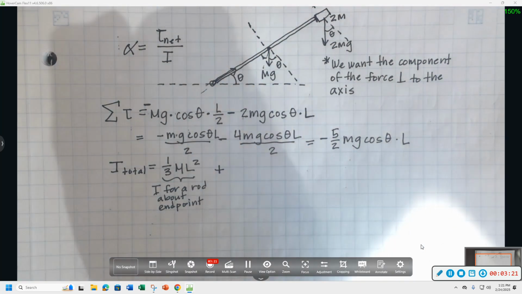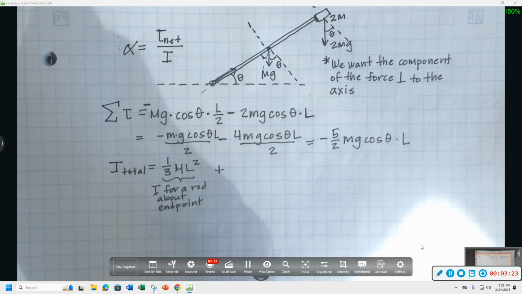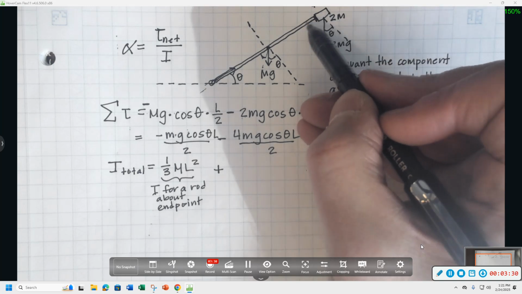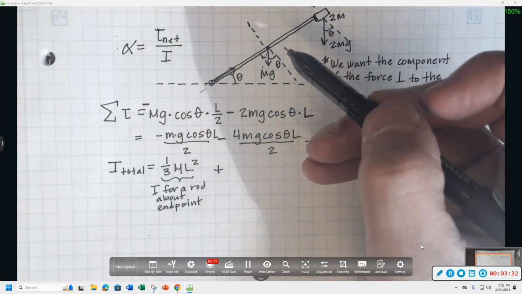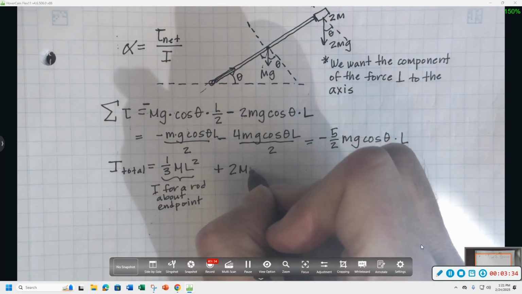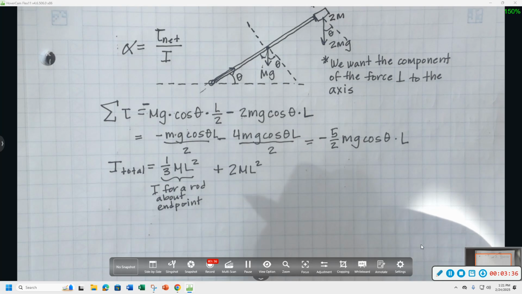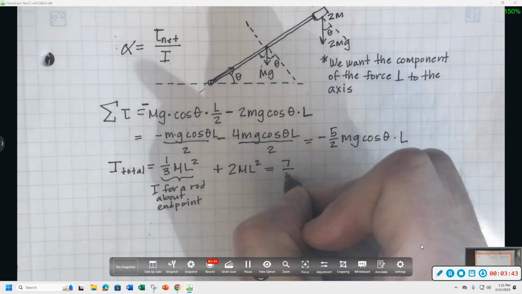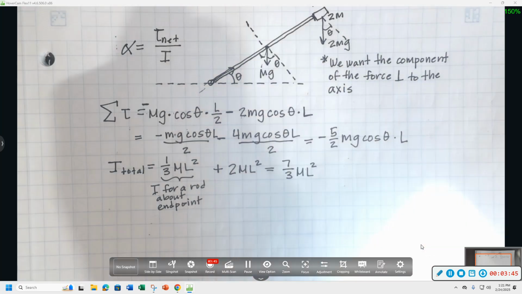Plus, I have I for the block. I for the block is going to be 2m times the distance squared. So 2m L squared. So I have 2 plus 1/3, 7/3 m L squared.